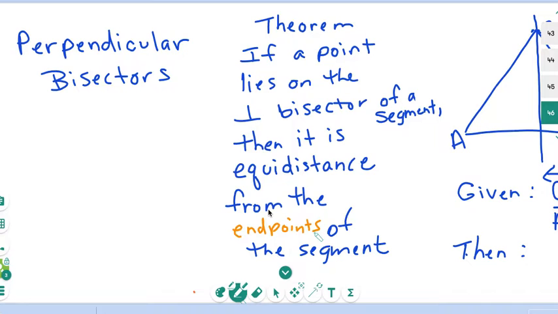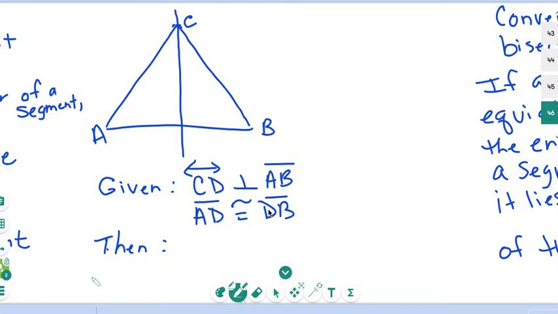So we're going to take a look at that and see what that looks like. So we're going to take a look at our first triangle. And let me go ahead and add my arrow onto my line here.